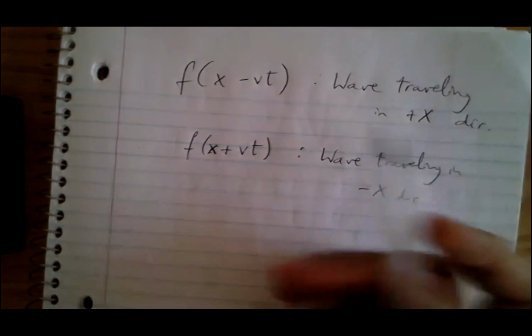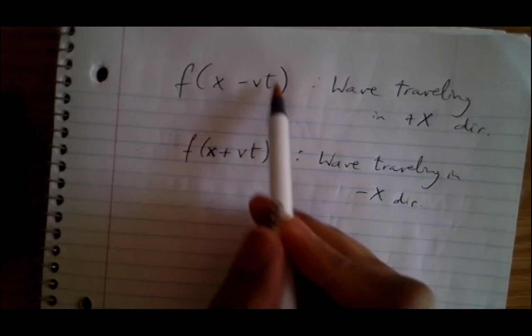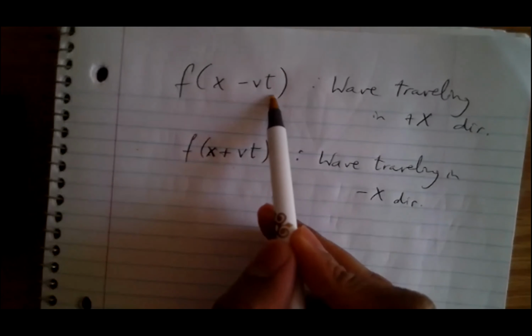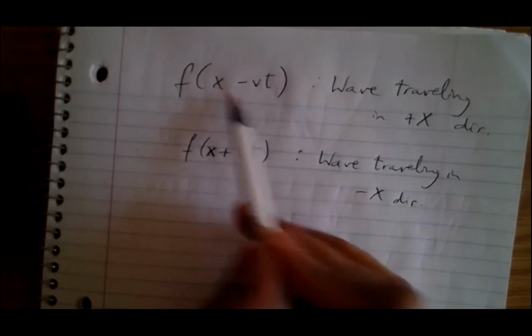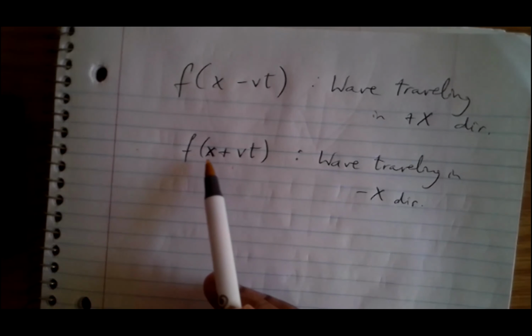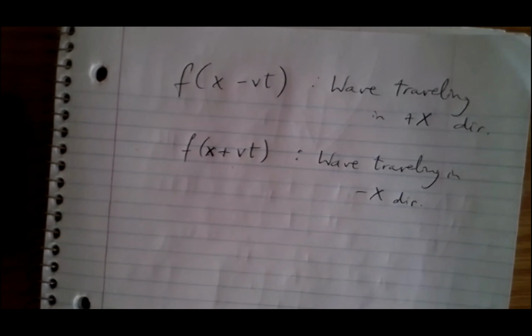The way to keep it straight is simply to remember, as time increases, how does x need to change in order to keep x minus vt the same? Here, as t increases, x also has to increase to keep x minus vt the same. And here, if t increases, x has to decrease in order to keep x plus vt the same.